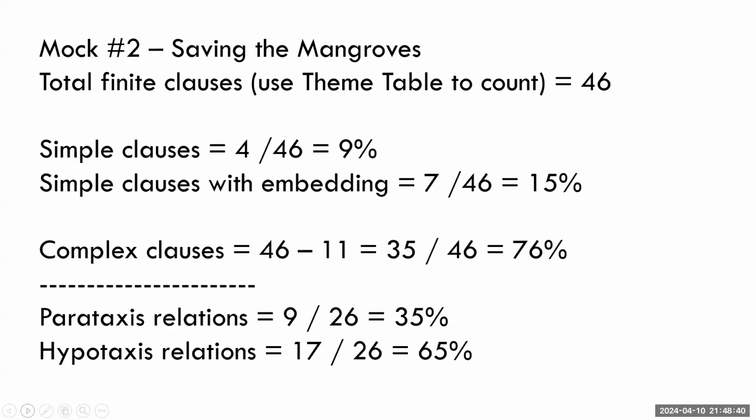Complex clauses, take away 46 minus 11, there's 35 out of 46. 76% are complex clauses. So what do you see different than the previous one? What you see is paratactic 35%, hypotactic 65%. This would fit more the expectation.